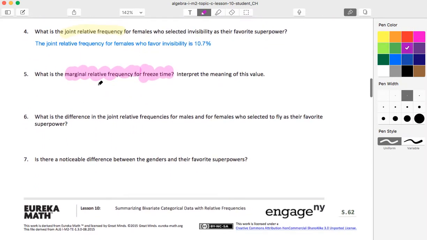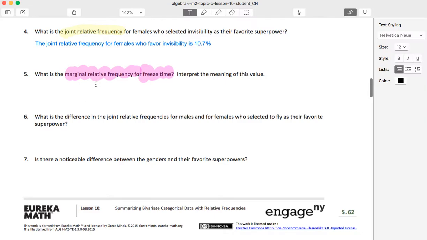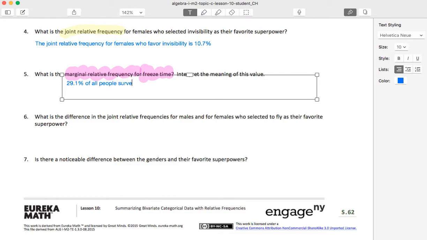Remember that number. 29.1% of all people surveyed favor freezing time as their favorite superpower.